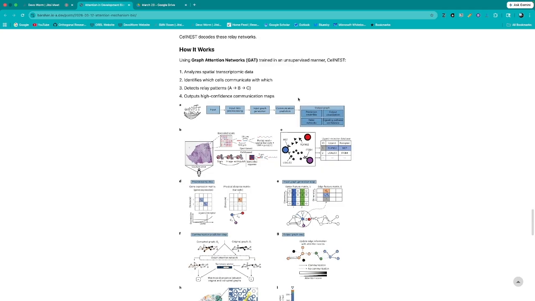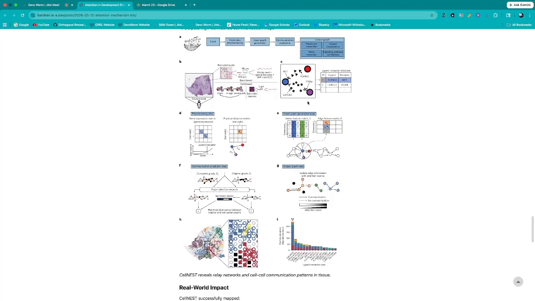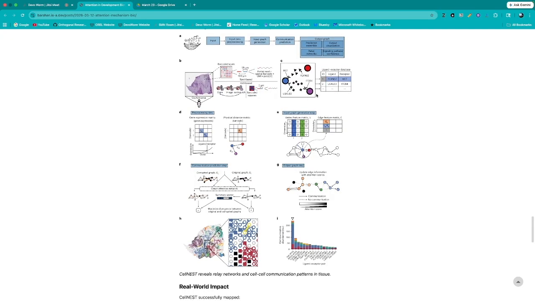So this is an example here where you have this image, and they're extracting this cell relay network, which just maps out the interactions between cells and the direction of the signal, and it's all predicted from, I guess, temporal data and the presence of... So maybe they're using fluorescence microscopy here as well to figure out the distribution of these ligands.